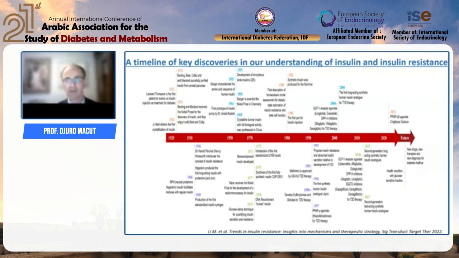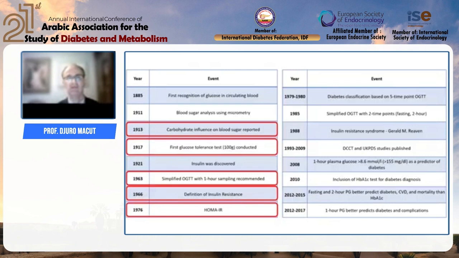We have lots of new drugs in the pipeline, with new incretins coming steadily to the scene with different therapeutic possibilities, including type 2 diabetes, but also obesity as the precondition for diabetes.